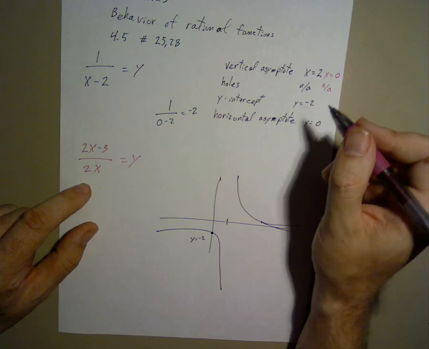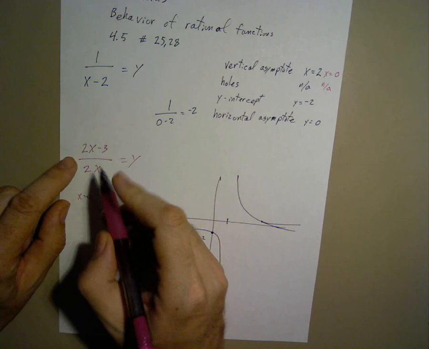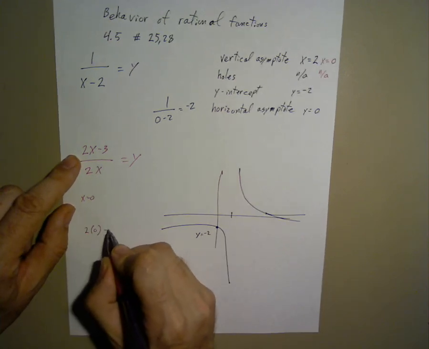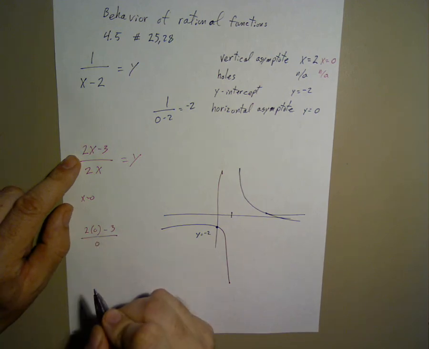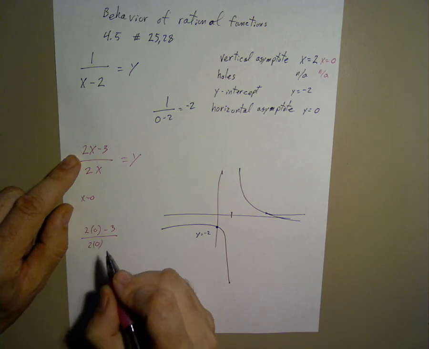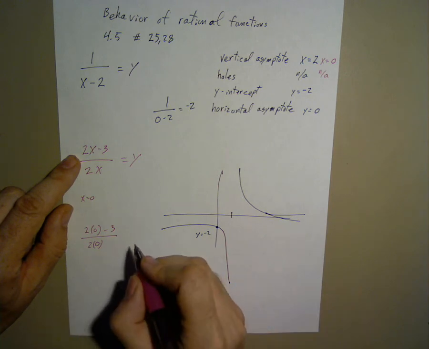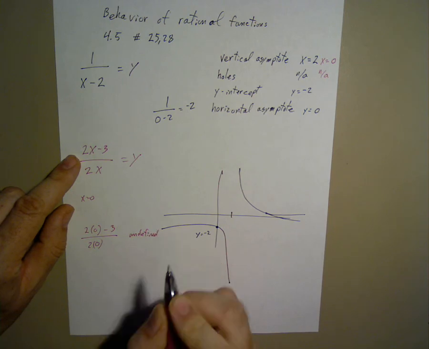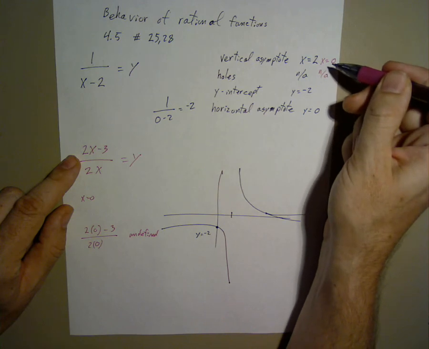For the y-intercept, we set x equals 0 and plug it into this function. We get 2 times 0 minus 3 over 2 times 0. Since you cannot divide by 0, that is undefined. This is because this is where our asymptote is.